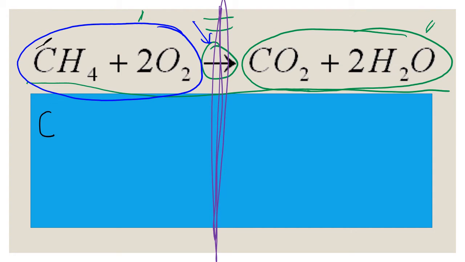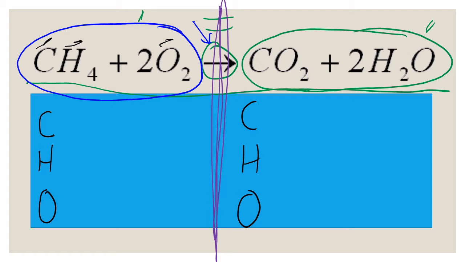It looks like we've got an H, which is hydrogen, and it looks like we got an O for oxygen, all right? On the product side, we also have a C, we also have hydrogen, and we also have oxygen. Huh, that's weird. You have the same kind of elements on both sides.